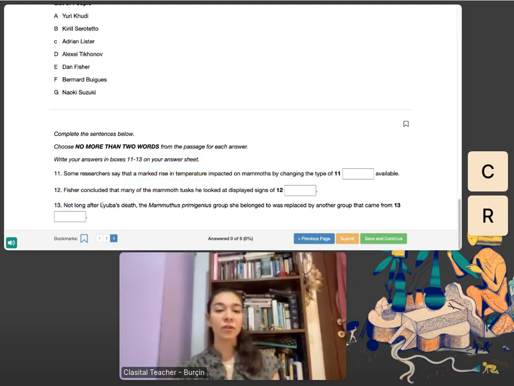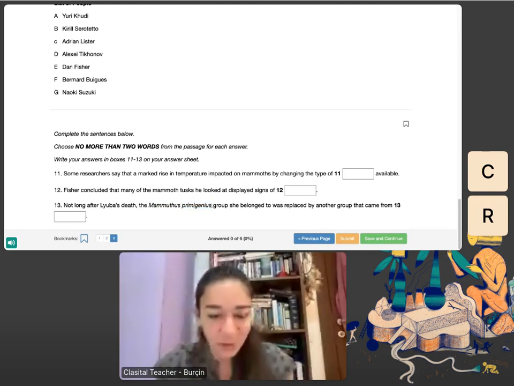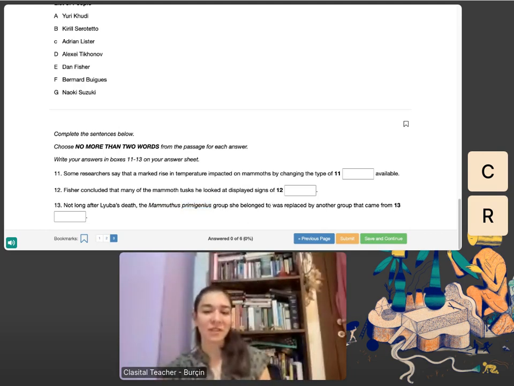Not long after Luba's death, so I will see something about Luba. Not long after Luba's death, the Mammuthus primigenius group she belonged to was replaced by another group that came from somewhere.